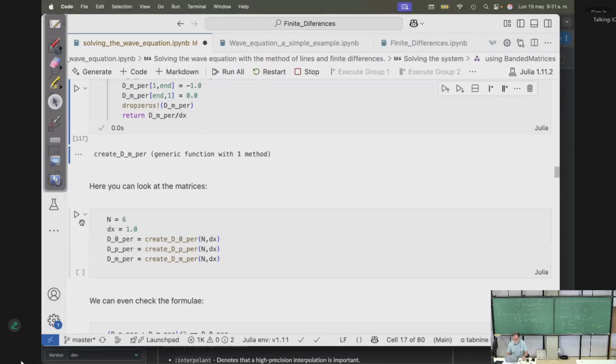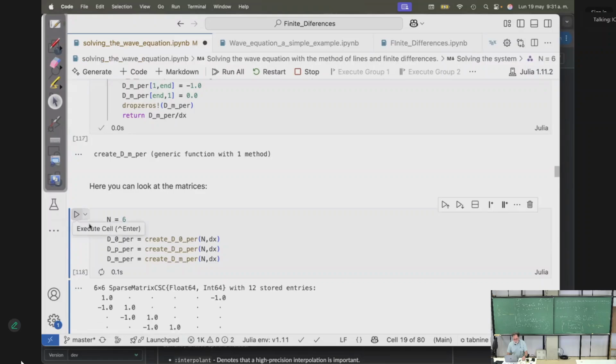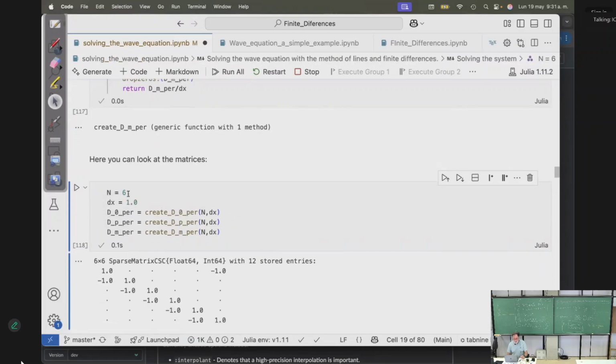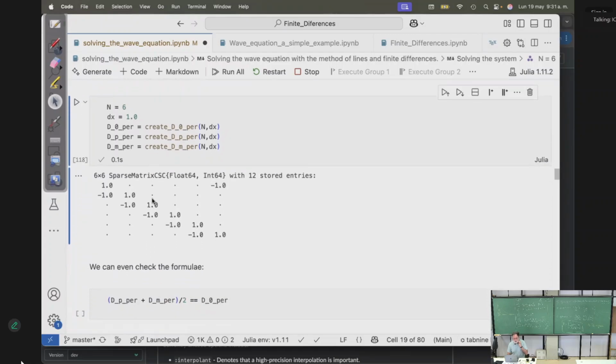And then you can check them. For instance, you create them with the n very small, and the x equal to 1, so that we can see how it is. And for instance, the d minus this one is like this.